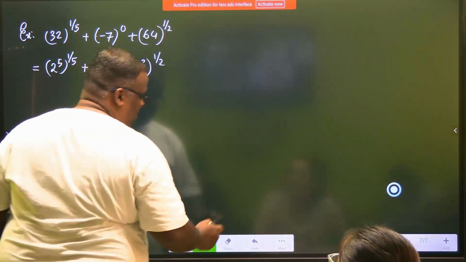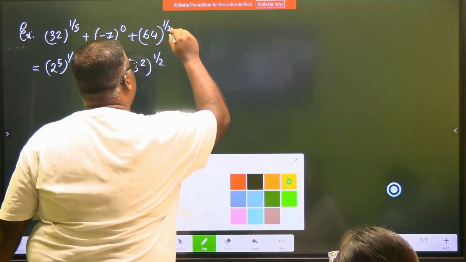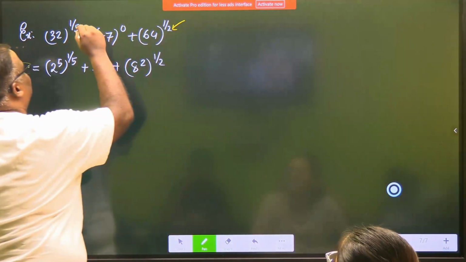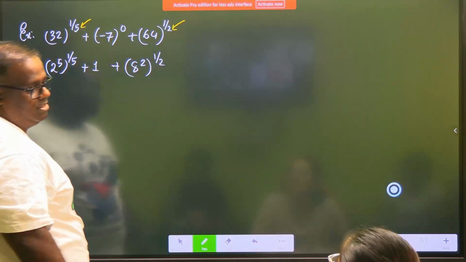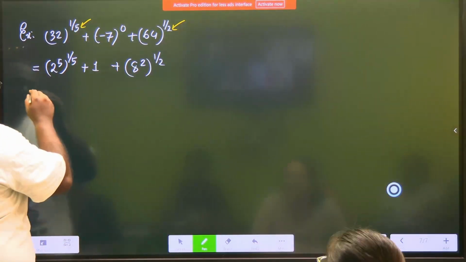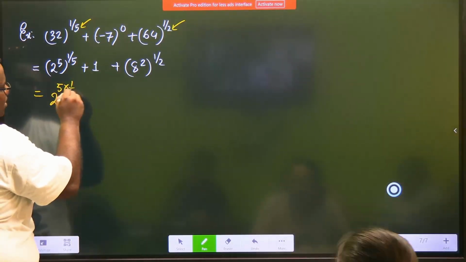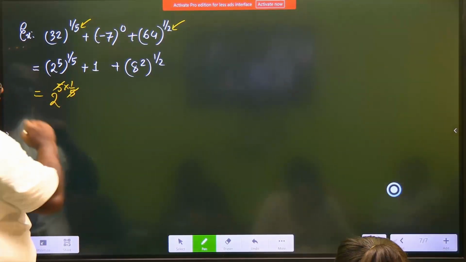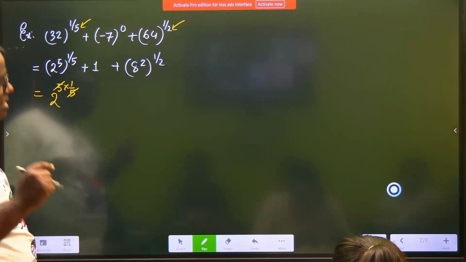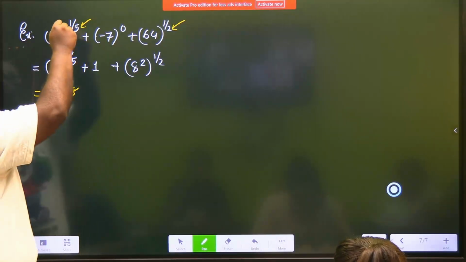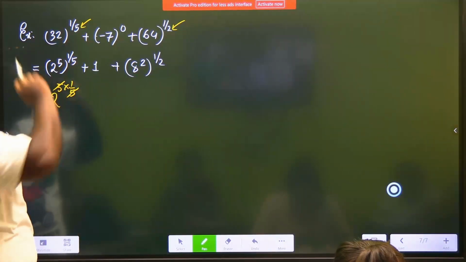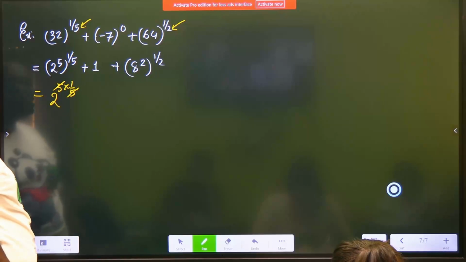Because my concentration is on this number. Because in my next step, here 5 will be multiplying by 1 by 5, which will give a power of only 1. They'll cancel each other. So always look at this number and express the other number as an exponent of that number only. Makes sense?